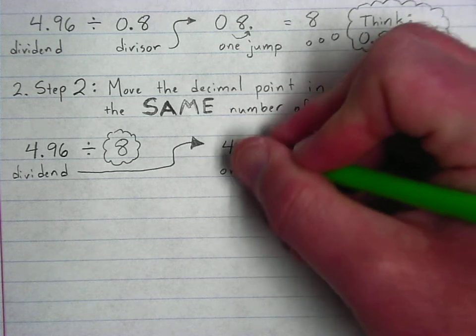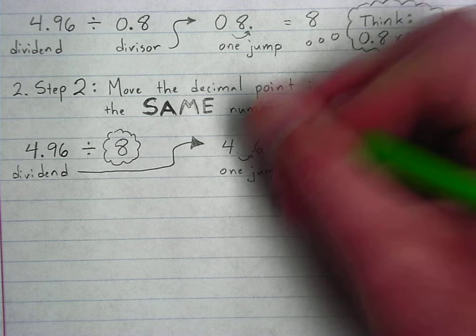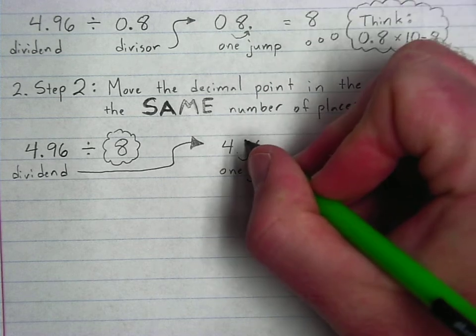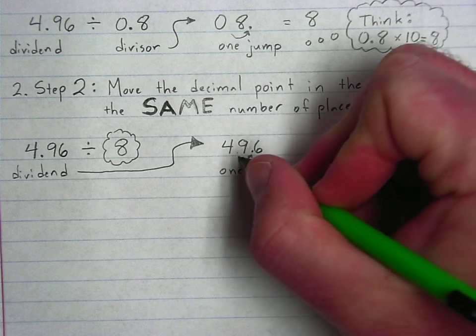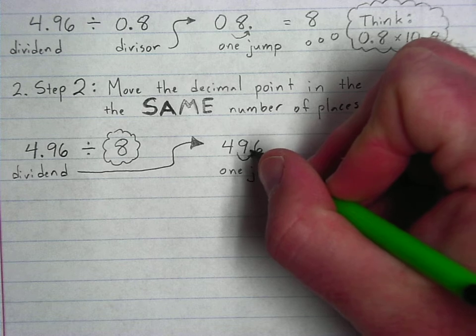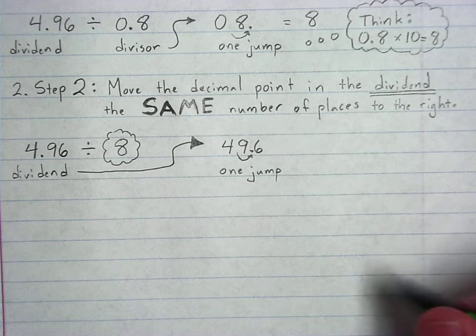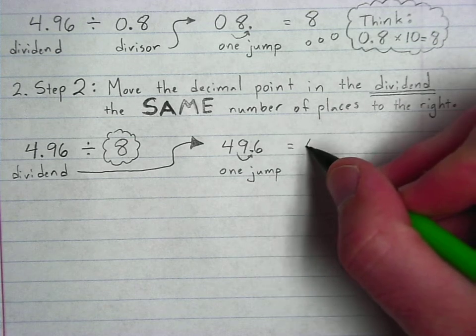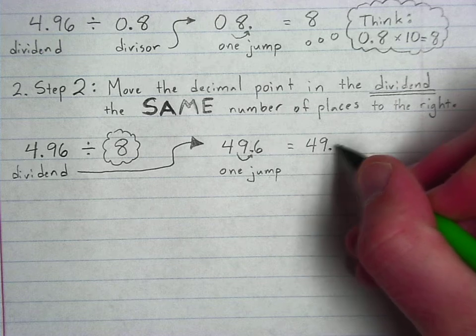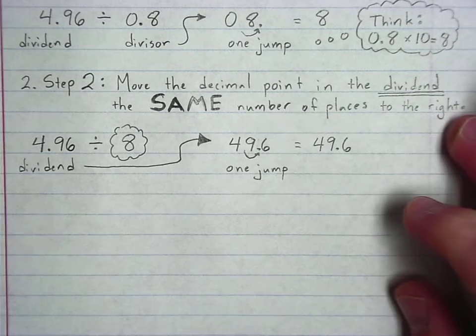Now I'm going to scoot the 9 over a little bit more so we've got some more space. I want to make sure that that's really clear because now we have 49 6/10. I'll write it over here, 49 6/10, to make it even clearer.